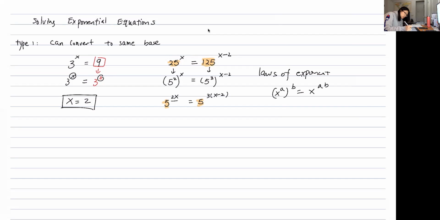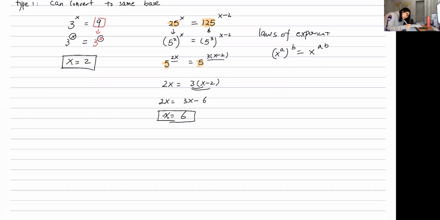So 2x will equal to 3 times x minus 2. Then we just need to solve for x. We'll have 2x is equal to 3x minus 6, and x equals 6. So this is for type 1, we can convert to the same base.